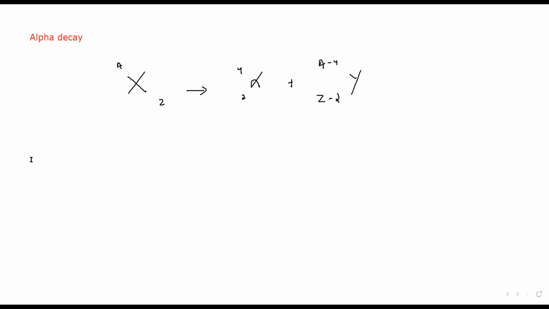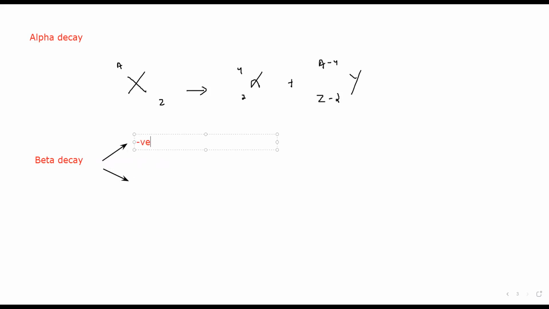For beta decay, if there is a beta emission or beta decay, beta is of two types. It can be a positive beta decay or a negative beta decay. So what happens in a negative beta decay? Negative beta decay means that an electron is emitted. And what happens in a positive beta decay?